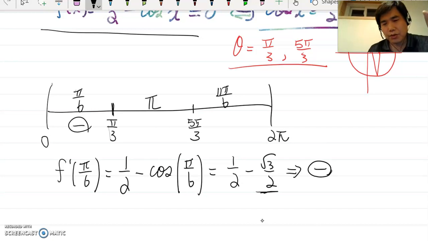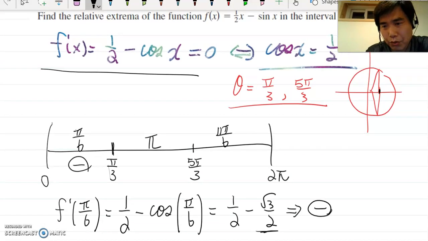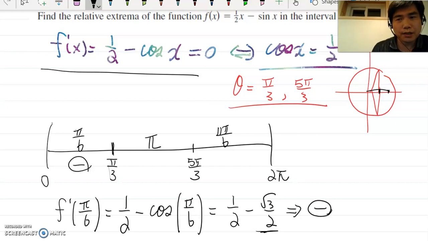Do you understand what I did? I didn't calculate that. I know root 3 over 2 is bigger than 1 over 2. Why? Because 1 over 2 is right here, but root 3 over 2 is right here, so it is further than 0. So smaller minus bigger becomes negative. That's why I just put negative here.